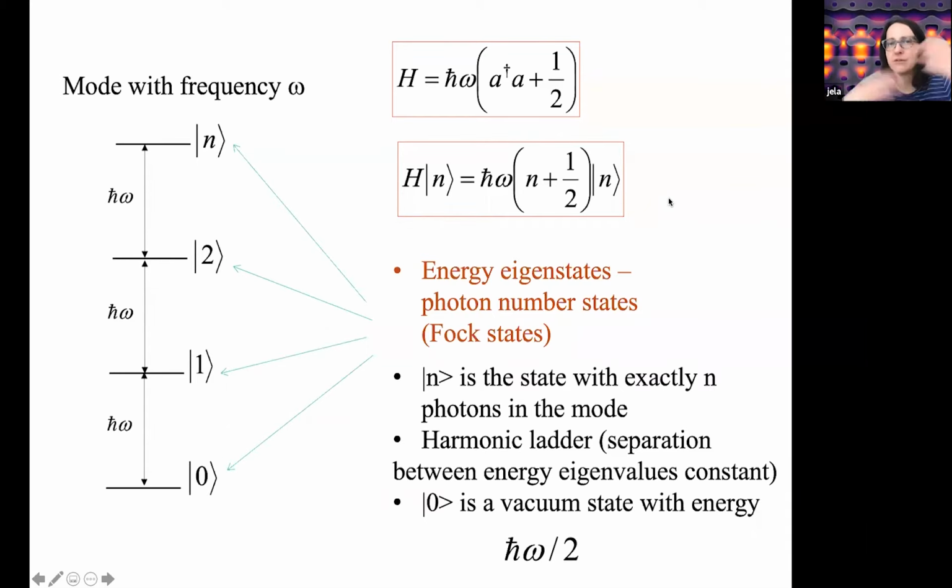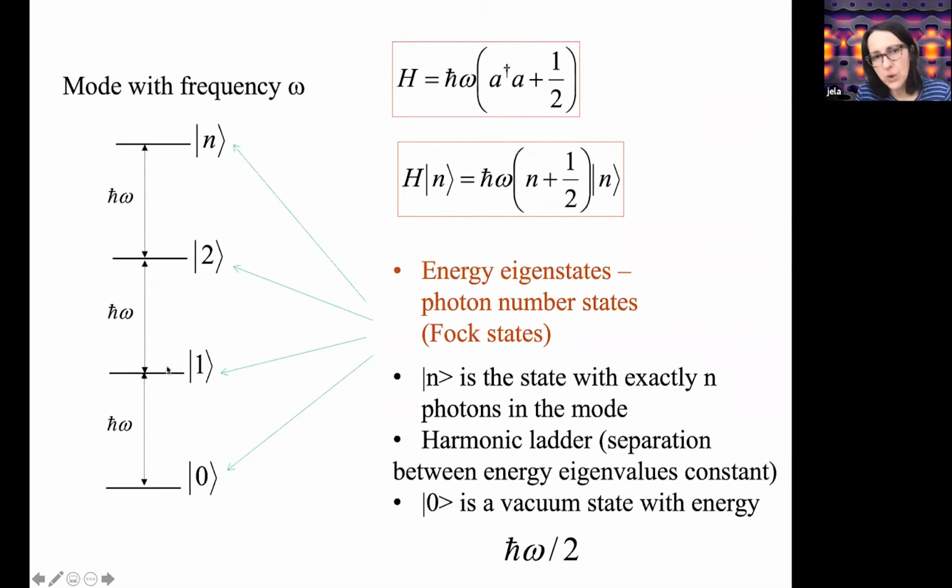Again, we will not look at the spatial distributions of the eigenfunctions because they're meaningless here, but we will just label all of the energy eigenstates in the Dirac notation as n, right? Where n is the number of energy quanta in a particular energy eigenstate. So n would be an eigenstate of the Hamiltonian corresponding to n quanta of energy in the system, and the energy of that state would be h bar omega times n plus 1/2.